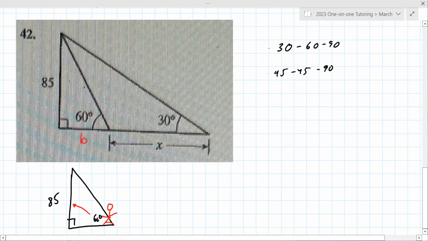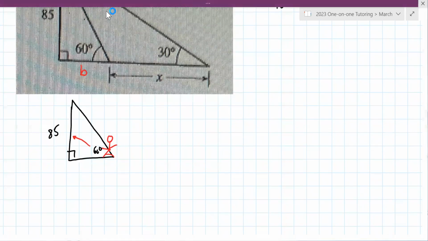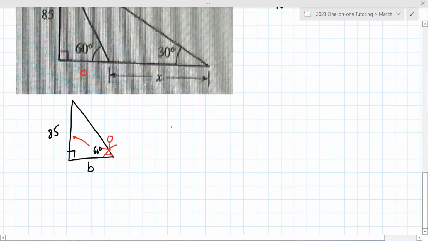Now, we want to find, and I'll just call it b, so we're going to use tangent again. The tangent of 60 degrees equals 85 opposite over adjacent b. Is that okay? Opposite over adjacent, just putting the numbers or the letter in. Yes.